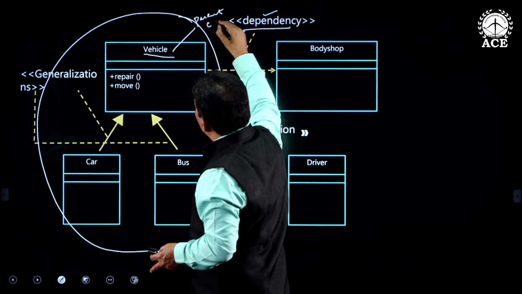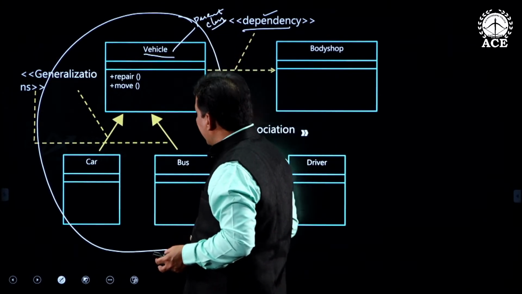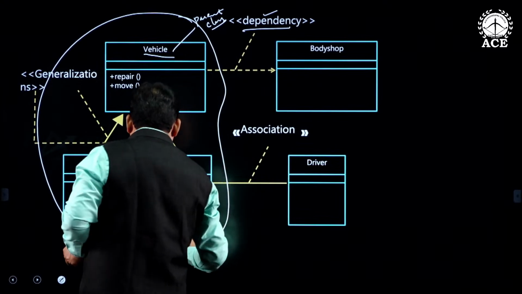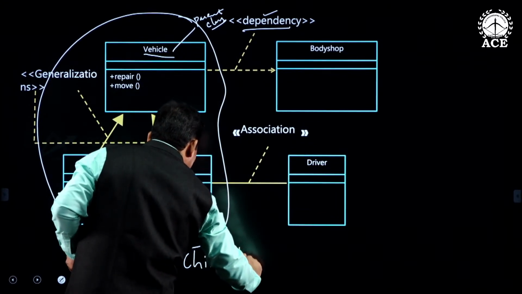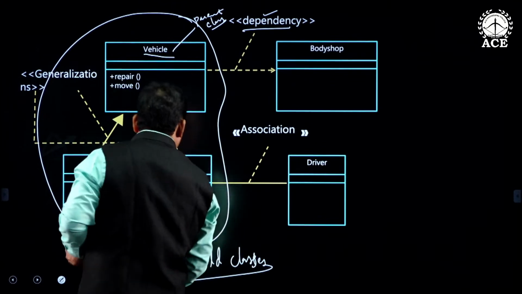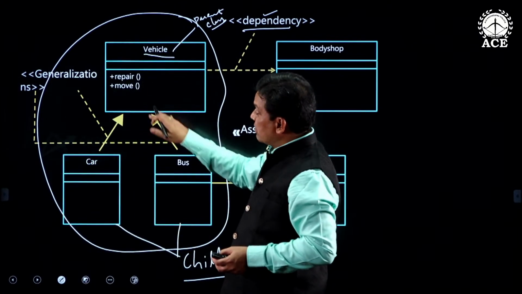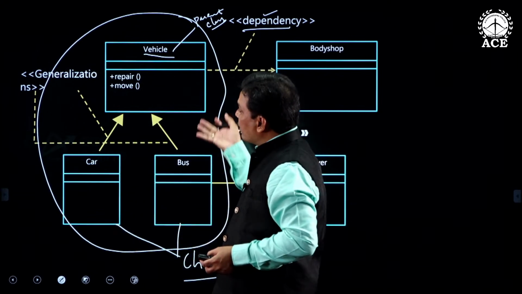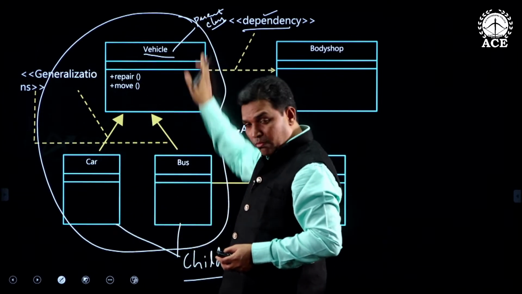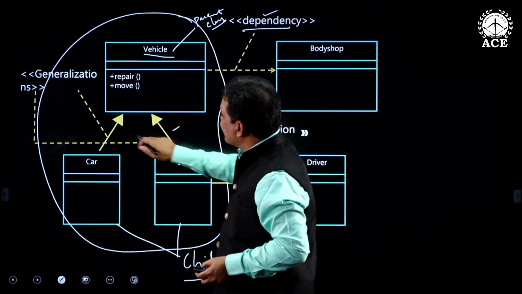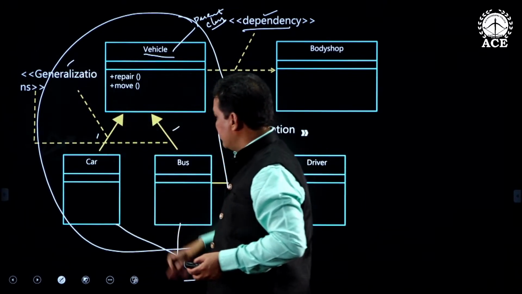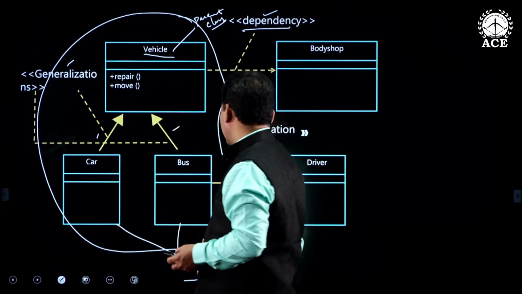Vehicle is the parent class, whereas car and bus are child classes. If you want to model a parent and child relationship in UML, you have to use a generalization relationship. This is the generalization relationship, parent and child classes modeled here.